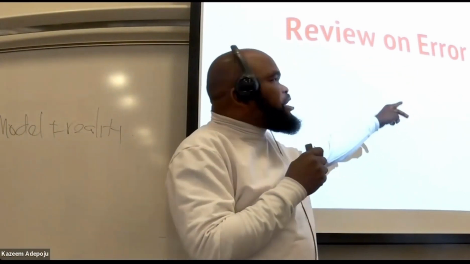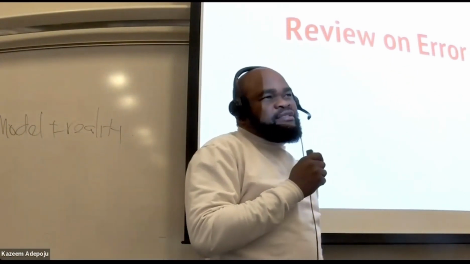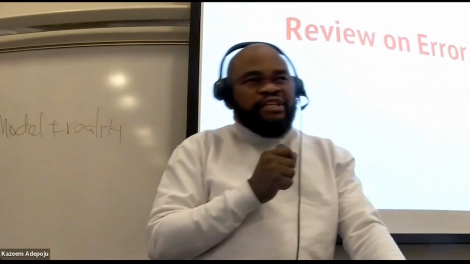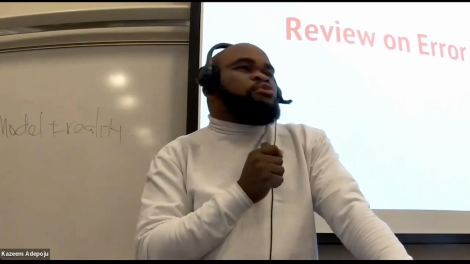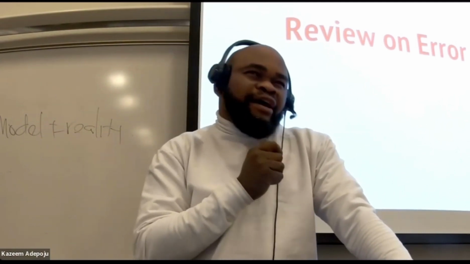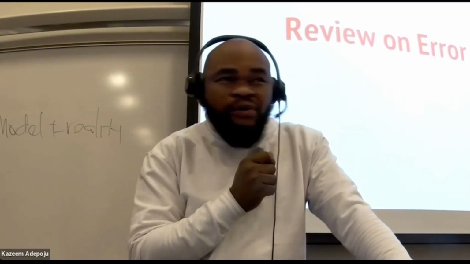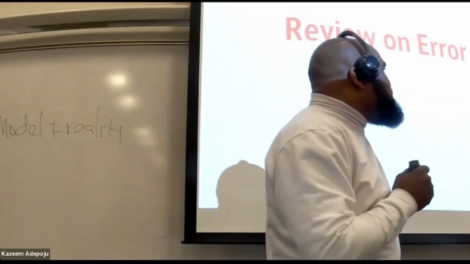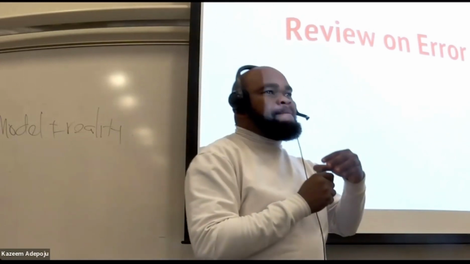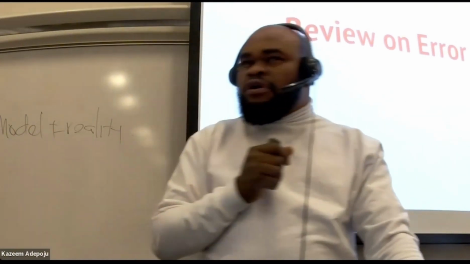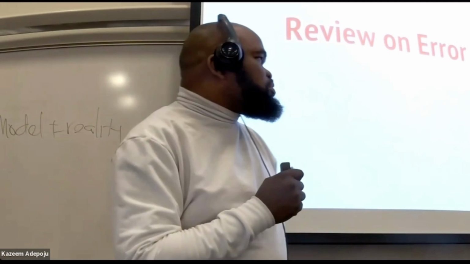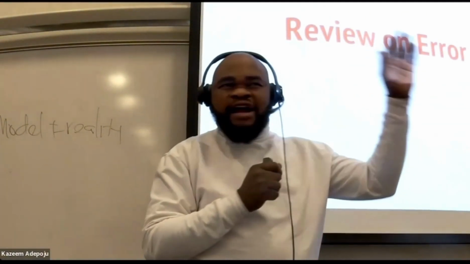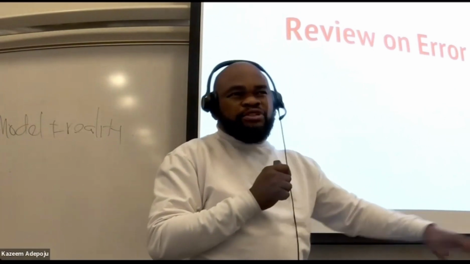The significance of error is that we have the opportunity to tell how good our model is, how good our estimator is. Because without error, there's no way we're going to say how good. That is the reason why all statistical models that revolve around the error term have assumptions.